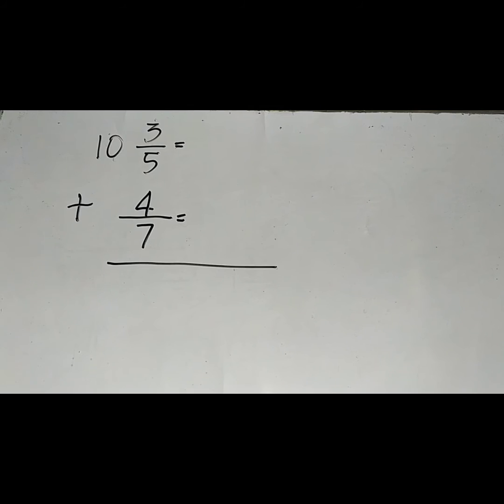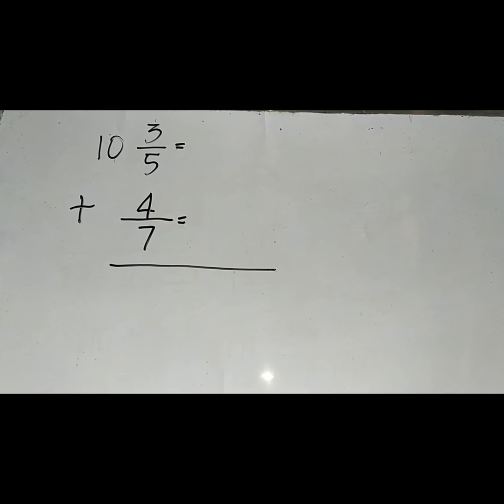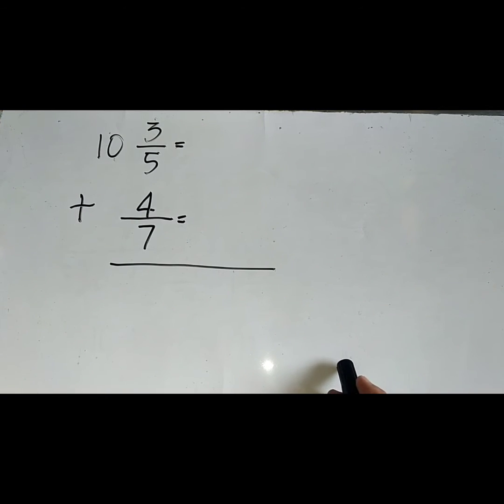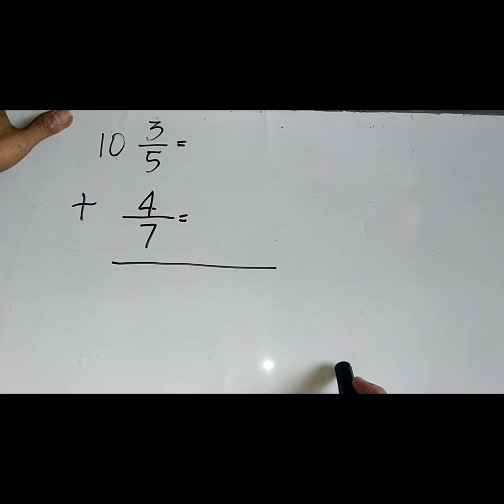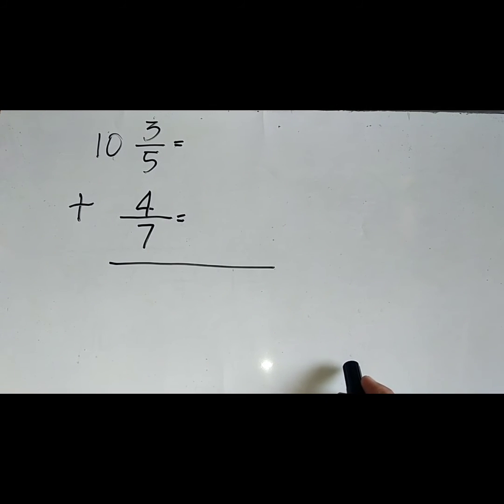Okay, we will present to you the other method of adding fractions. A while ago, we presented to you how to add in a horizontal method. Now this time, we will be using the vertical method. Vertical method and horizontal method will never vary in the result.